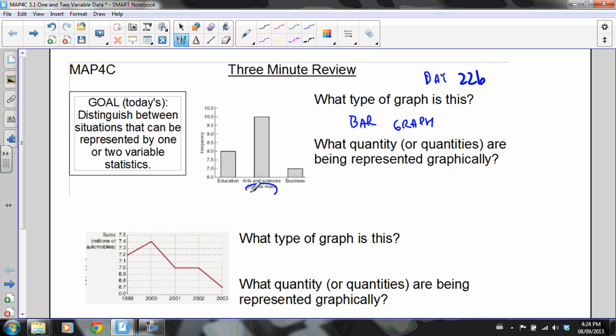So it's the number of people that are in each college program. And then the y-axis is just a count of the number of people in each of those things. So this is only one quantity.